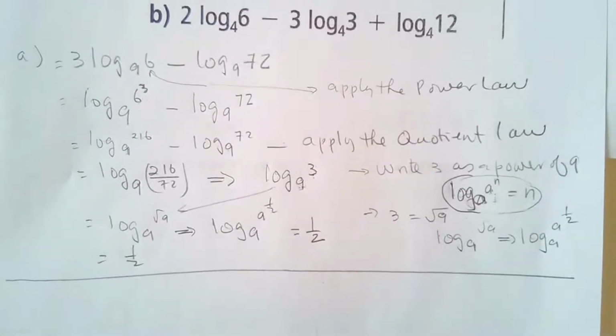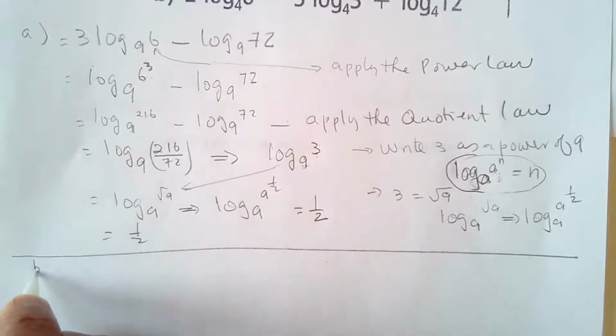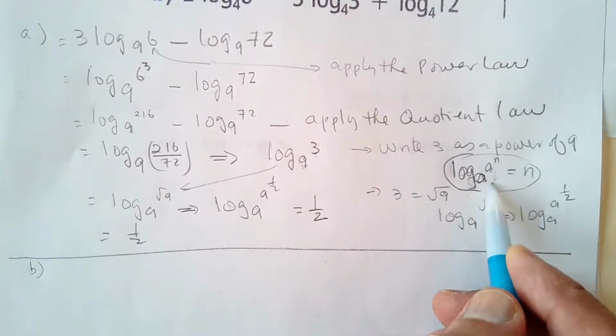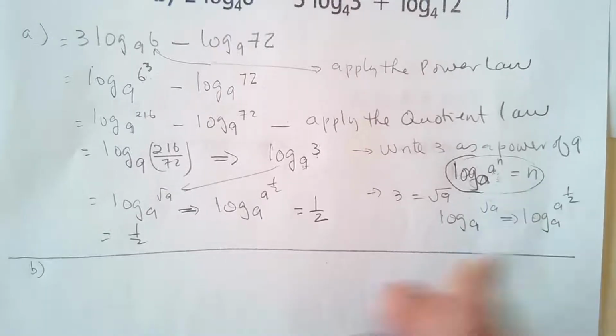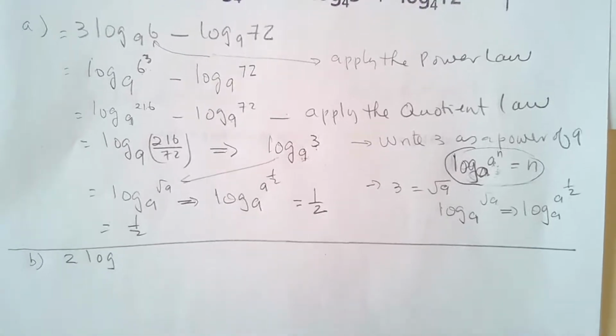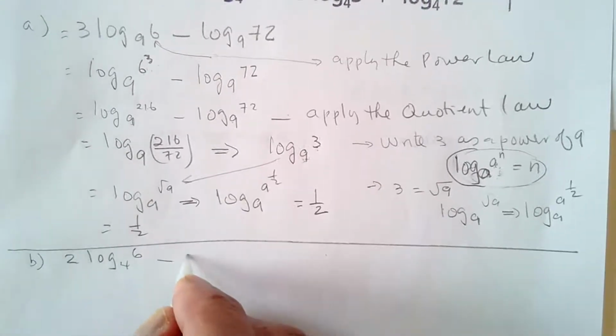Question B. It's a little bit trickier now. So B. And here again, we're going to apply the same principle. So we have 2 log base 4 of 6 minus 3 log base 4 of 3.